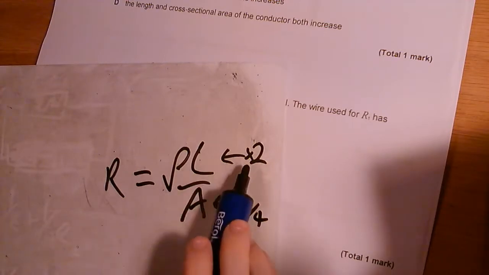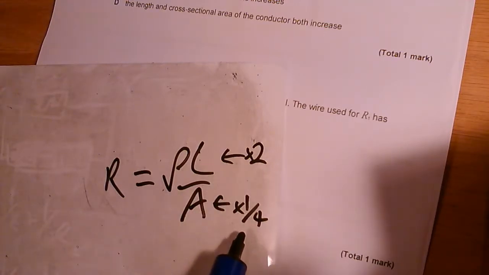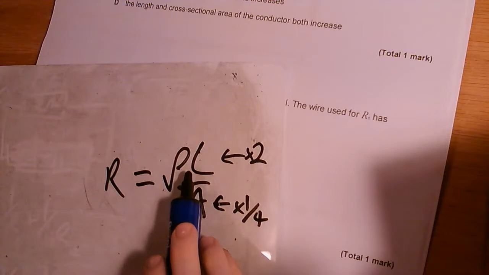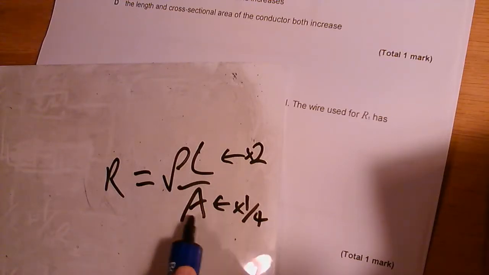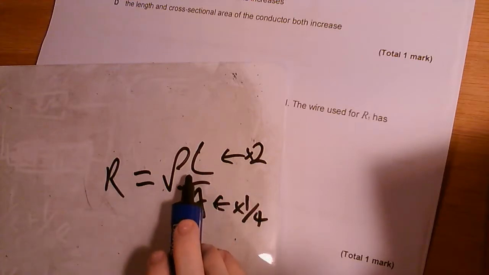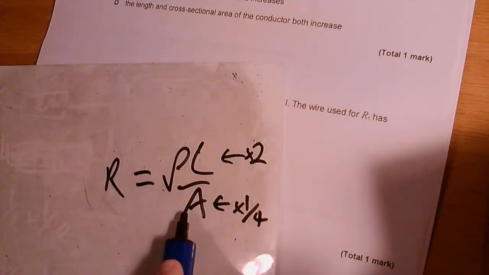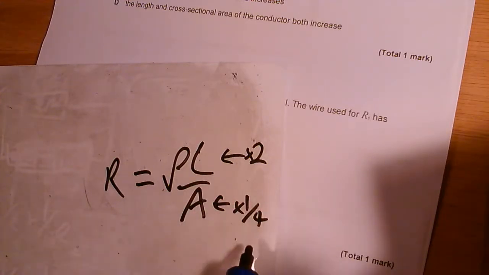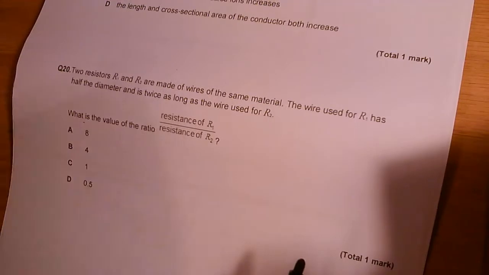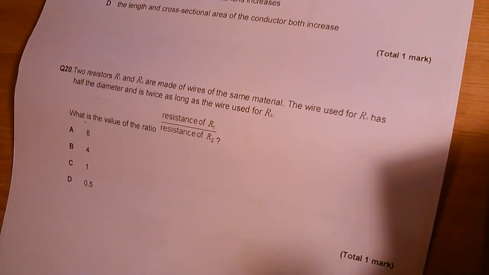We're going to make L twice as big, we're going to get a quarter of what it was before. If you multiply the numerator by 2 and only use a quarter of the denominator, the overall effect of that is that you're going to be multiplying the whole thing by 8. So it's going to be 8 times as large. The answer to that one, therefore, for question 20 is going to be A.